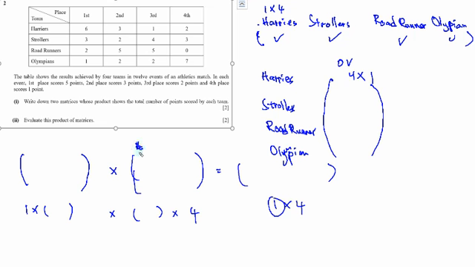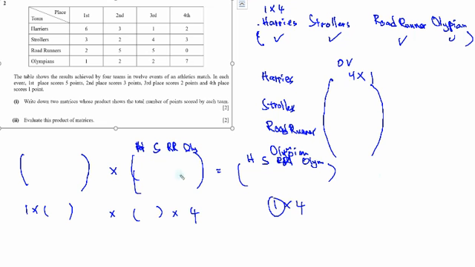Let's take the short form Harrier, stroller, road runner, and then Olympian. Because the 4 here is the column, if you end up with 4 here, then you will take it on this. So it's Harrier, stroller, road runner, and then Olympian.